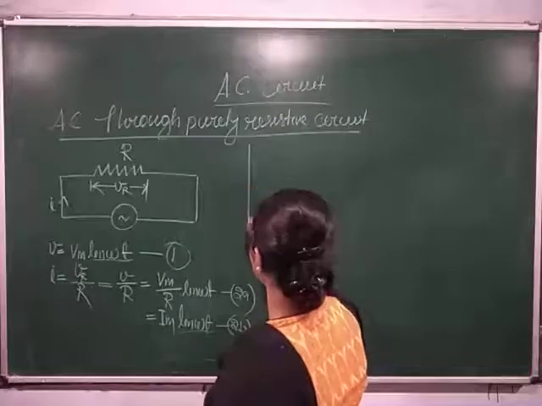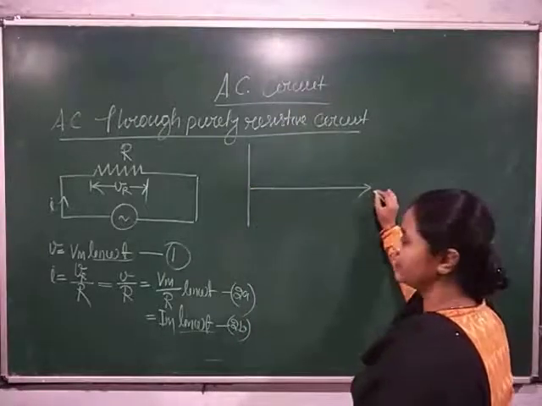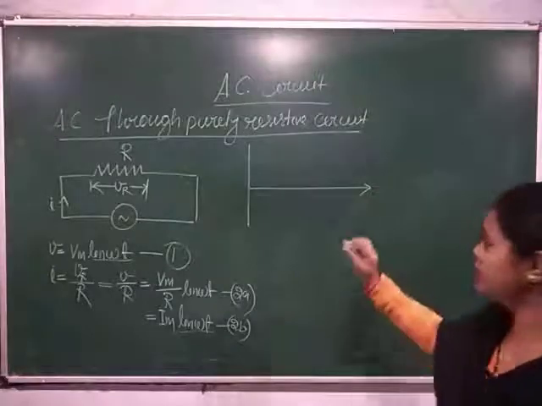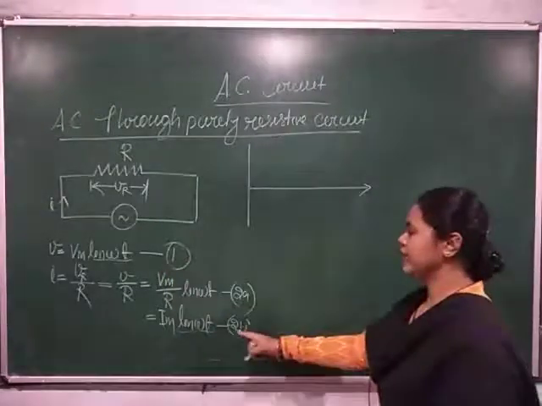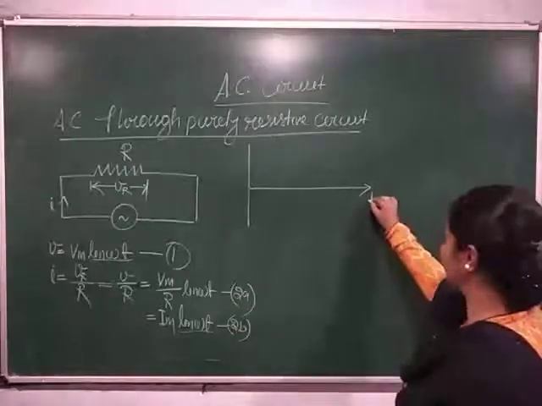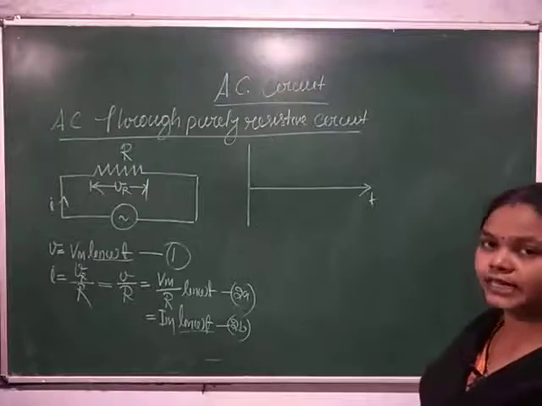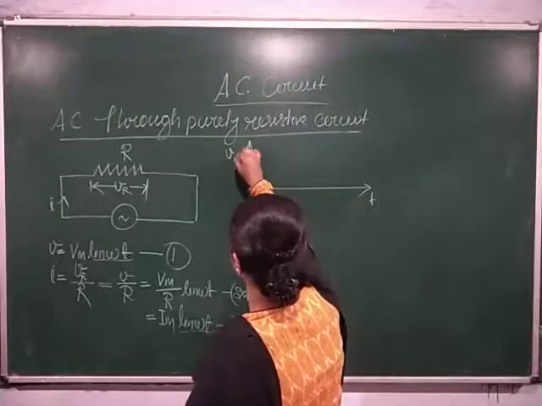For the waveform, you take the x-axis as time, as both current and voltage quantities depend on time. So on the x-axis I take time and on the y-axis I take voltage or current.